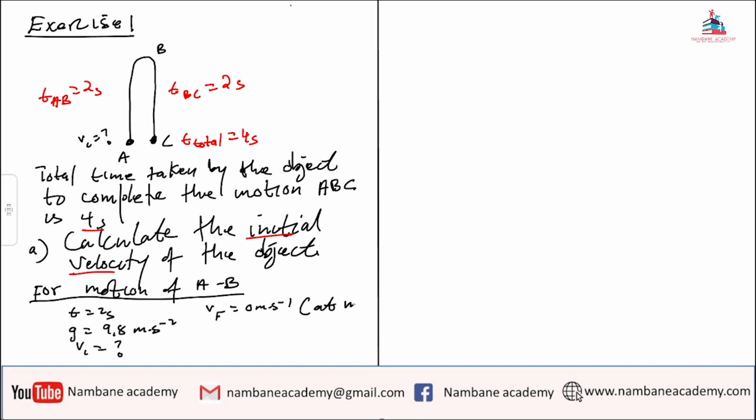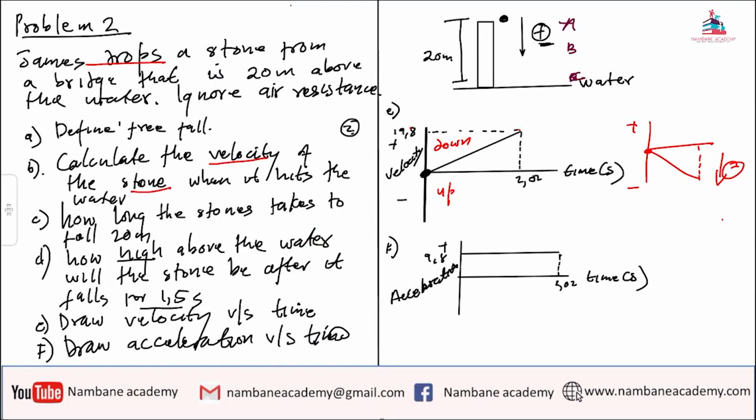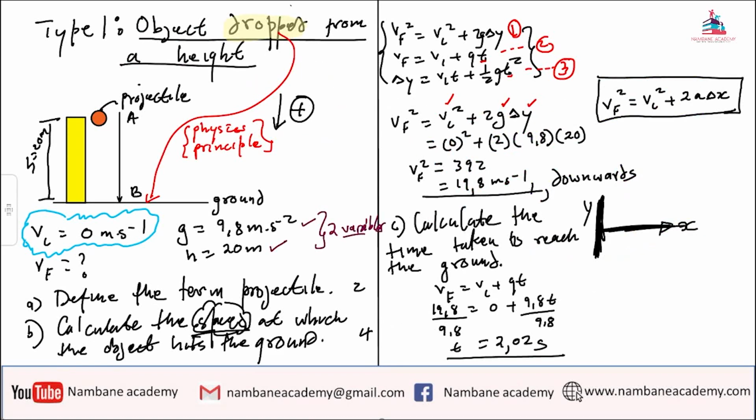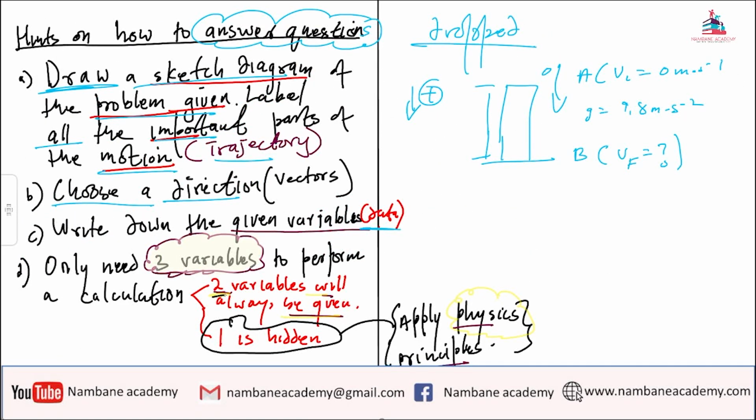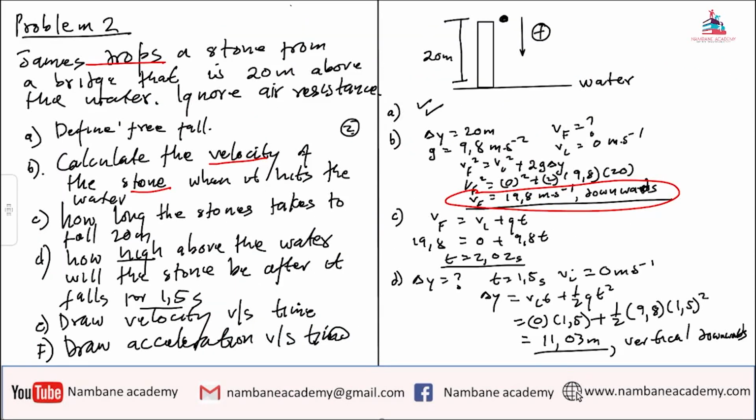This is now at maximum height. Very, very important. Hence we said the two variables will be easy for you to identify, but this one that is there but hidden, believe you me, is the one that you now must apply the physics principles. And if you can do that, believe you me, we are home and dry.